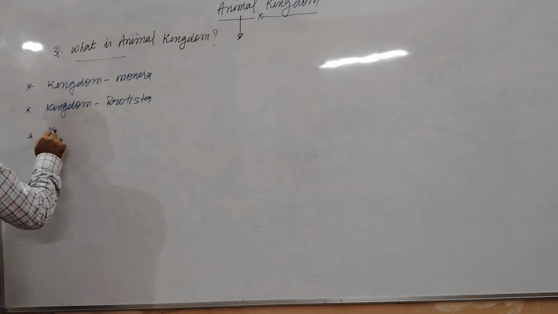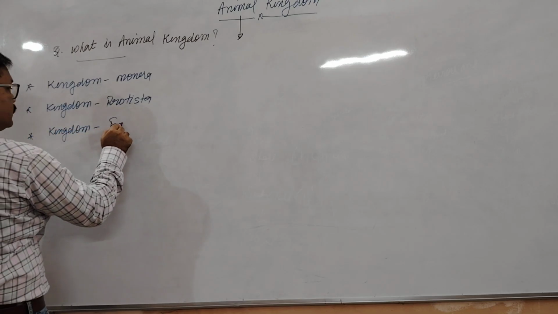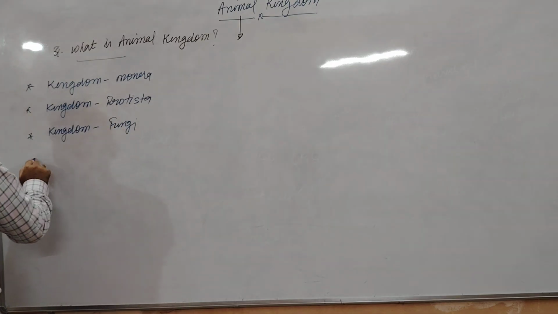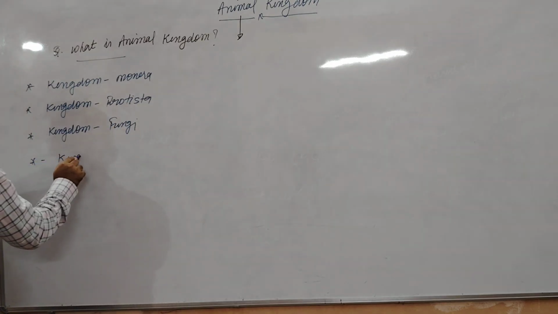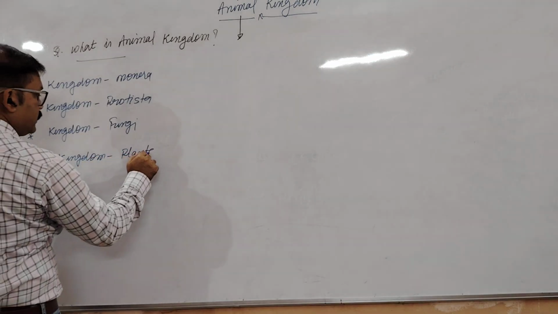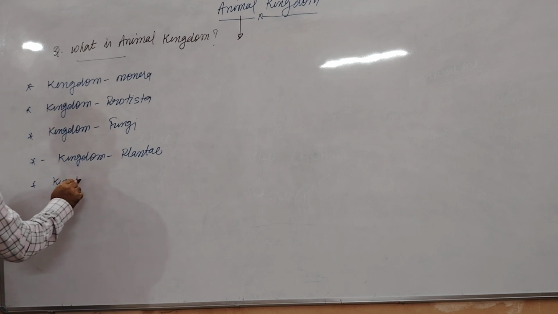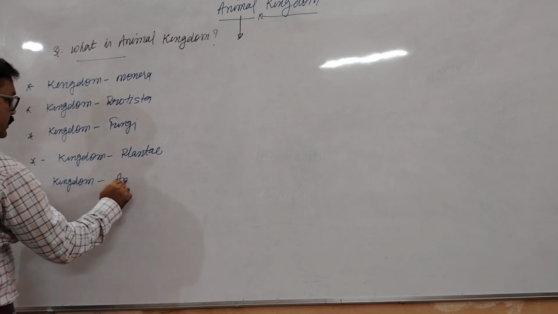Number three, kingdom Fungi. Number four, kingdom Plantae. And number five, kingdom Animalia. Is it or not?